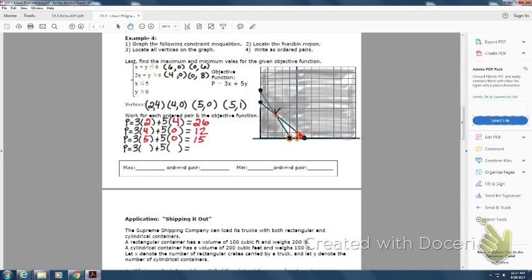And Isaac, 5, 1? So Zach, what is the maximum? 26. From what ordered pair? 2, 4. Minimum? 12. From? 4, 0. Questions on that process?